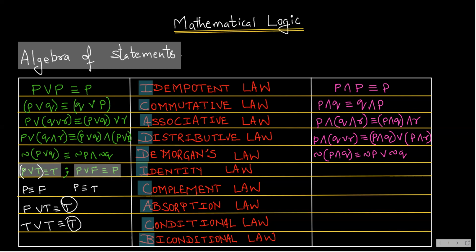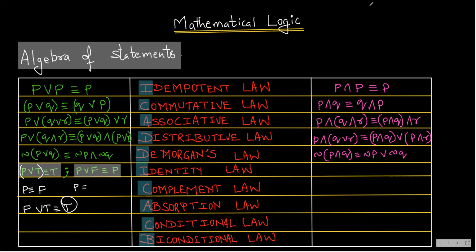So what I want to tell you here is, irrespective of the truth value of P, it will always have the truth value true if you have P or true. I hope it's clear. Remember, P or true is always true. And the second one is P or false is always P.